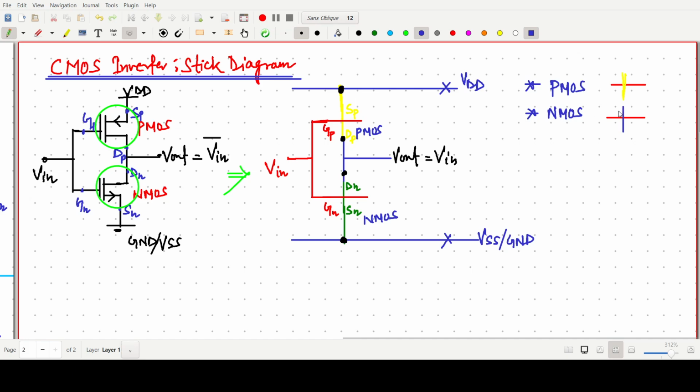We have used a yellow color line for the VDD or VSS line. So for two different colors we have to use a contact. Okay, so this is the way.